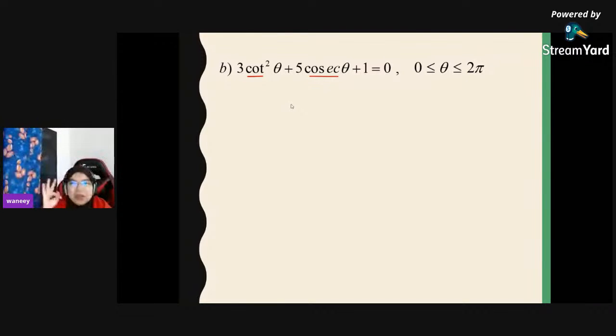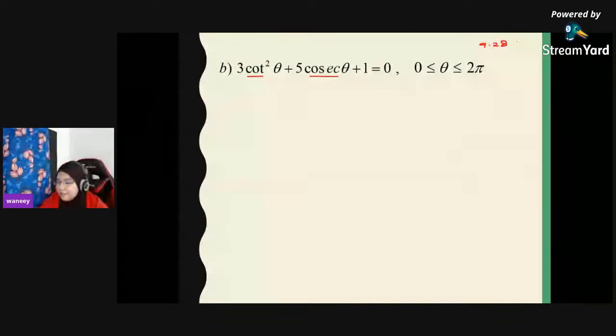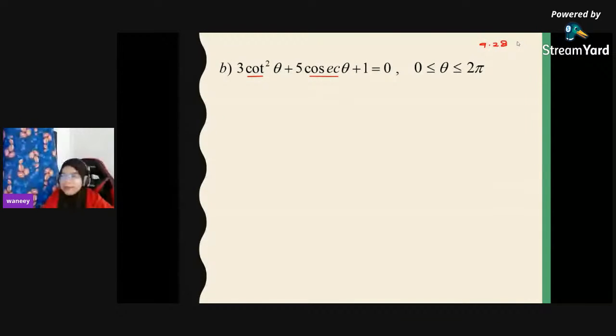If you are able to see what you can do, then please do it until you can factorize them. Try to factorize them. Okay, so I'll give you 3 minutes. So go.